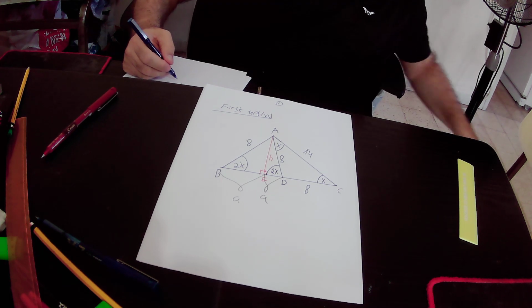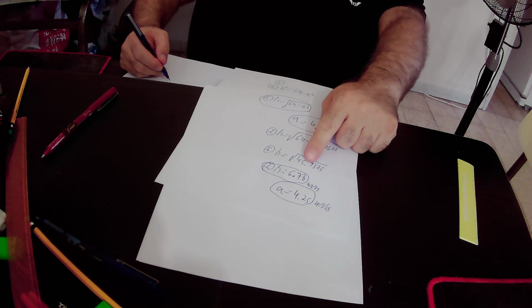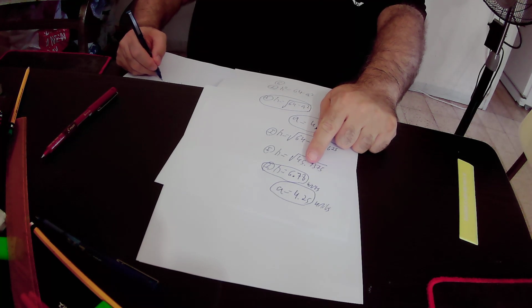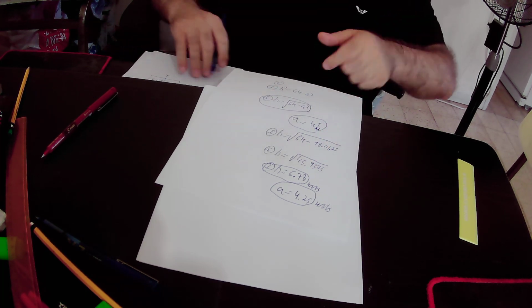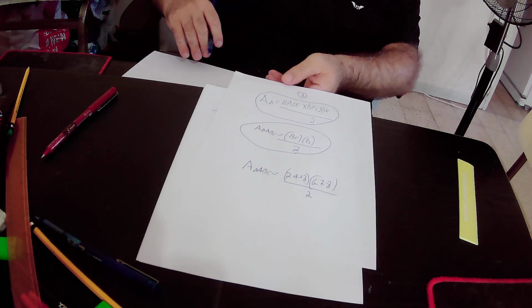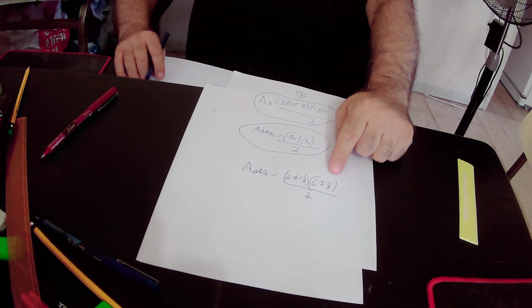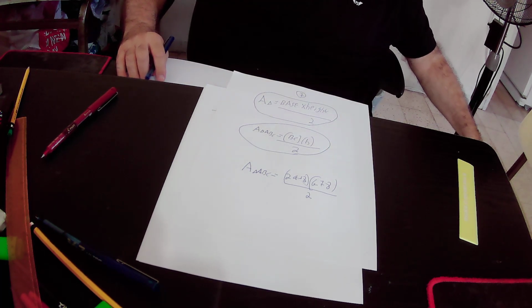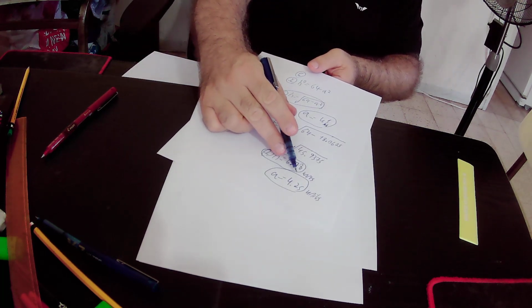What is the value of h? We have already found out that h equals 6.78 units, all over 2. So the area of triangle ABC equals (2a plus 8) times 6.78 over 2. We have already found out that a equals 4.25 units.